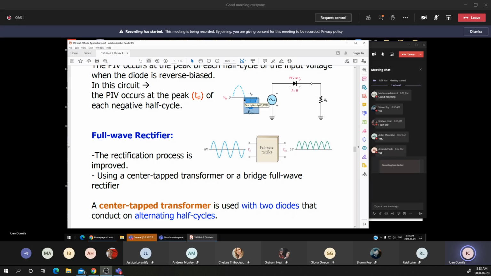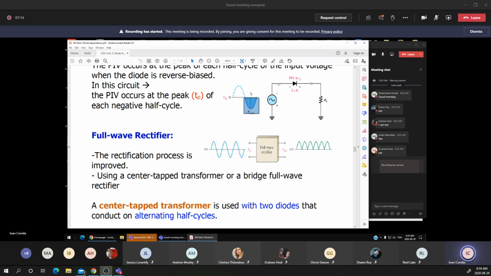Another disadvantage is using just half of the sine wave from the supplied signal voltage source. The power supplied to the load resistance is much lower.